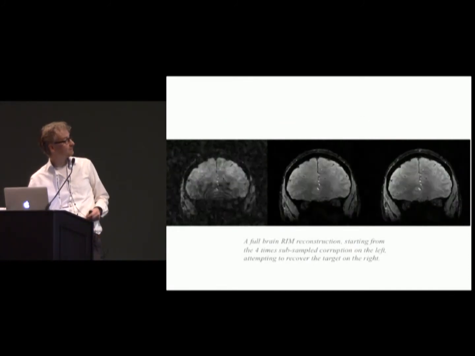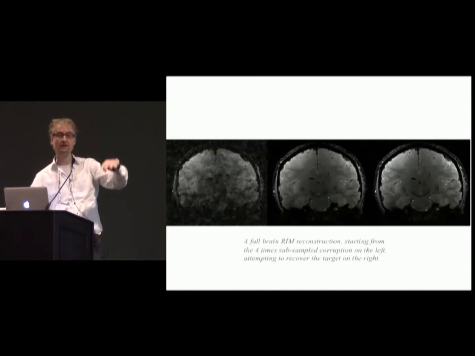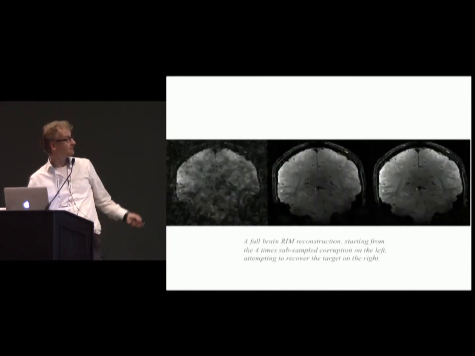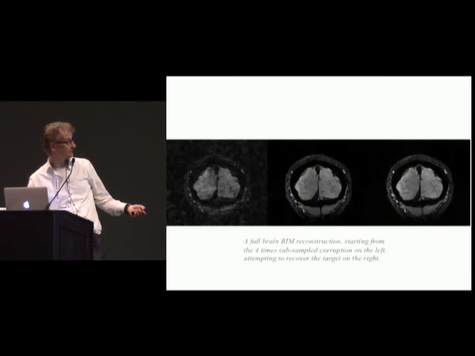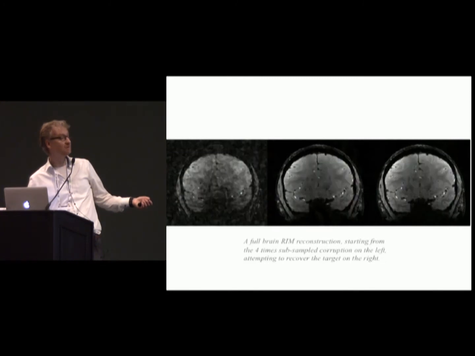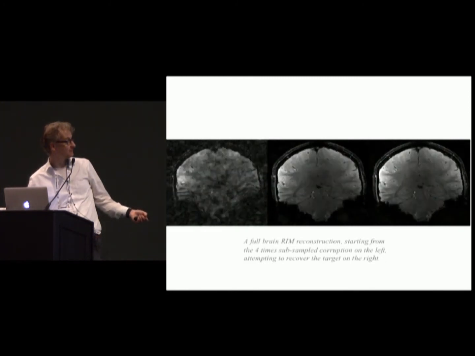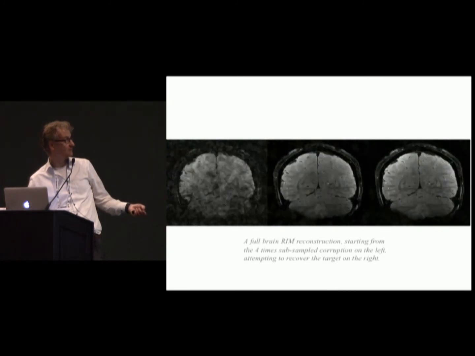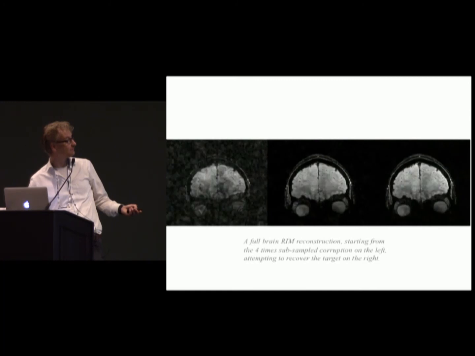And then here is a little video of going through the slices of the brain. This is the ground truth, this is a reconstruction, and this is the original image if you would use the ordinary method. You can see that it really gets the target quite well.